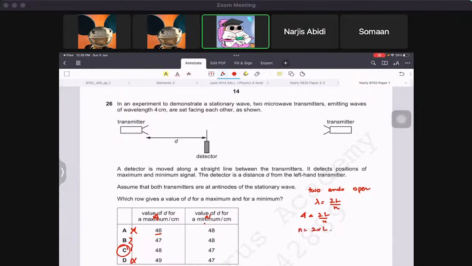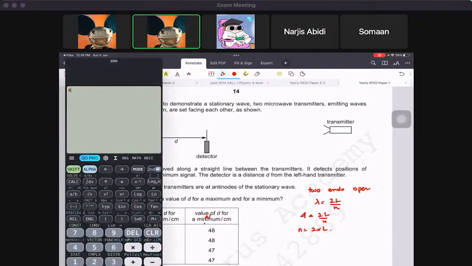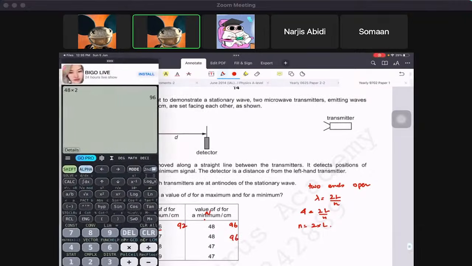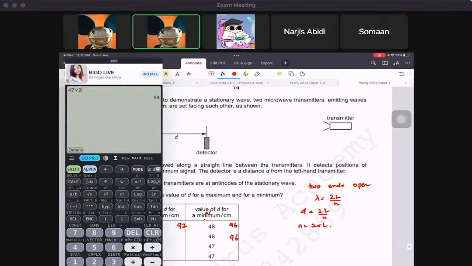So when I multiply 46 with 2, because this is the length, it gives me 92, and 48 gives me 96. Is it clear? This is also 96. 47 times 2 gives me 94, right?